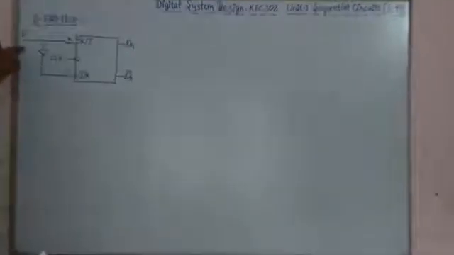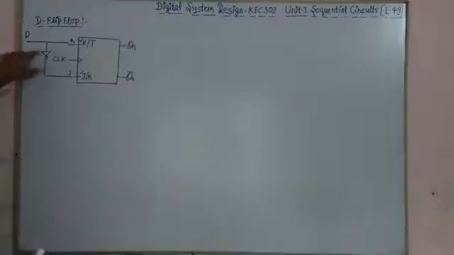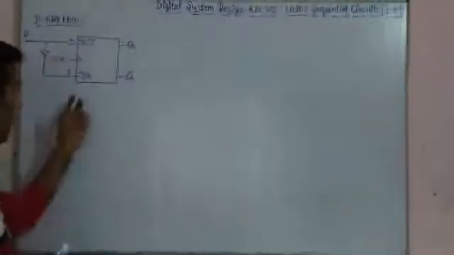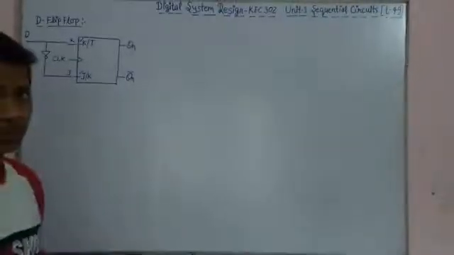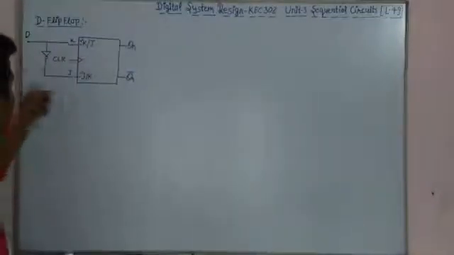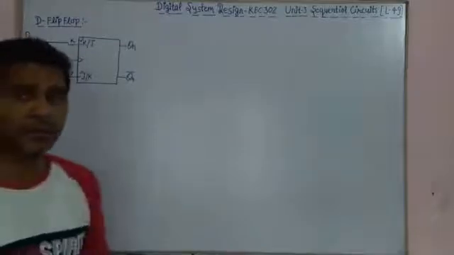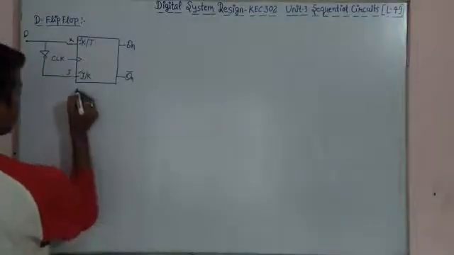So D flip-flop is nothing but some modification of the input to the JK flip-flop. Now you can say this is the diagram for D flip-flop, and you can represent this diagram in this way.